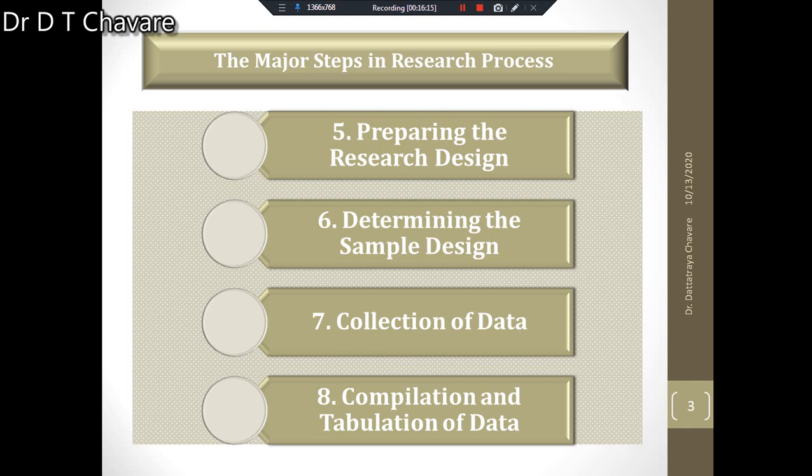On the other hand, if in our investigation we do not study each and every unit of the population or universe, but instead study only a few items drawn scientifically from the population, the method of investigation is called the sampling method.